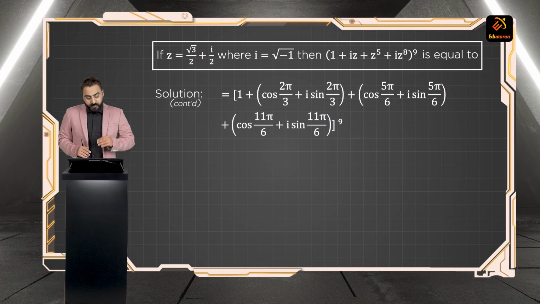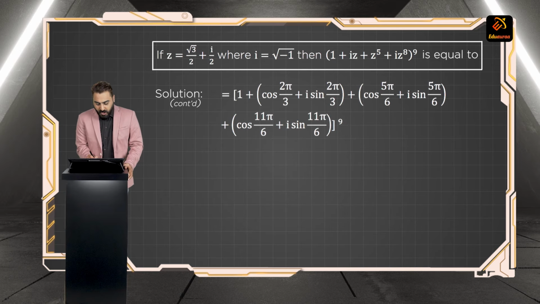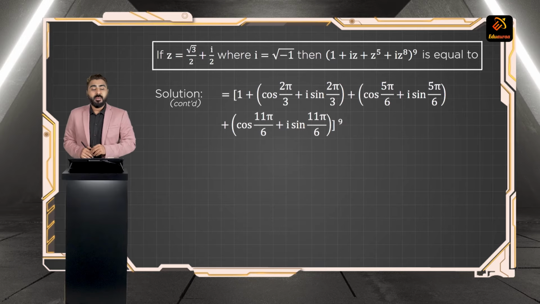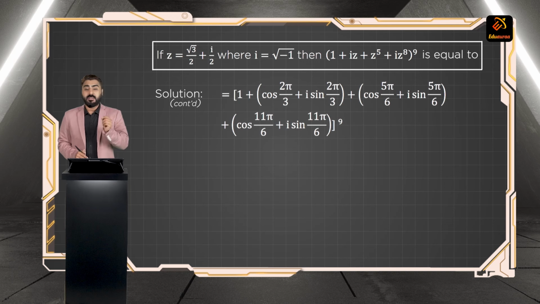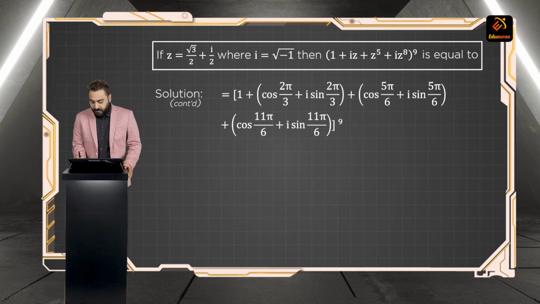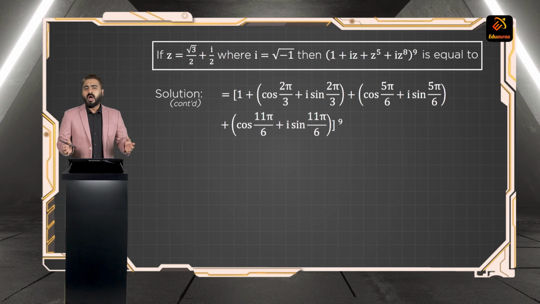So when we convert this into polar form, we get 1 plus, now e raised to i 2 pi by 3 can be written as cos 2 pi by 3 plus i sin 2 pi by 3, plus e raised to i 5 pi by 6 can be written as cos 5 pi by 6 plus i sin 5 pi by 6, plus e raised to i 11 pi by 6 can be written as cos 11 pi by 6 plus i sin 11 pi by 6, whole raised to 9.